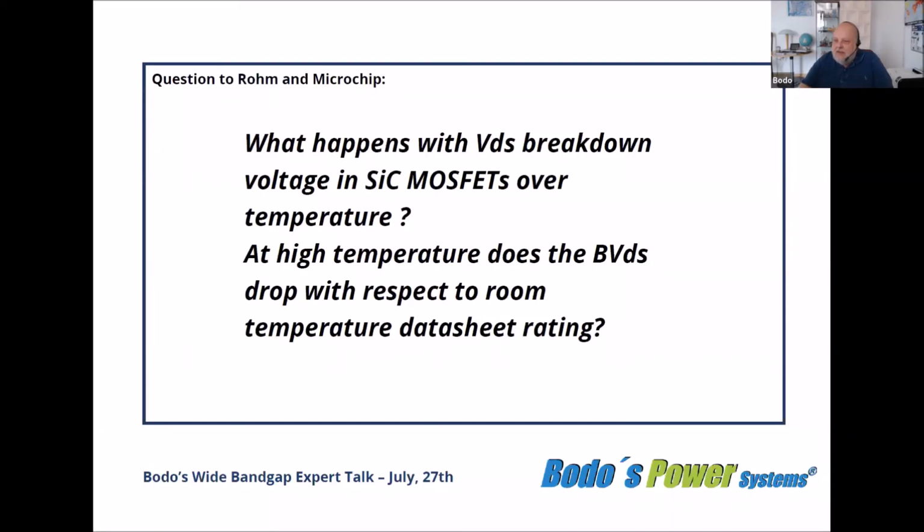I think it's a question in general about what happens over temperature, and specifically at high temperature, if it drops with respect to room temperature datasheet rating. I think you answered it. Yeah, but I think the breakdown voltage is not a problem at this high or maximum junction temperature. The problem is going to be everything around it.